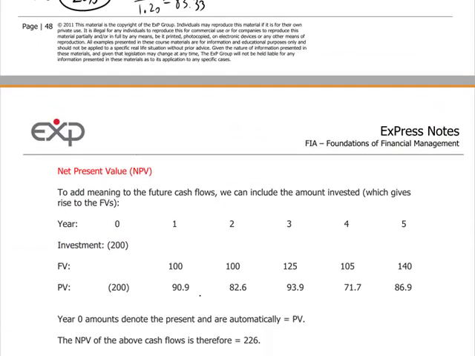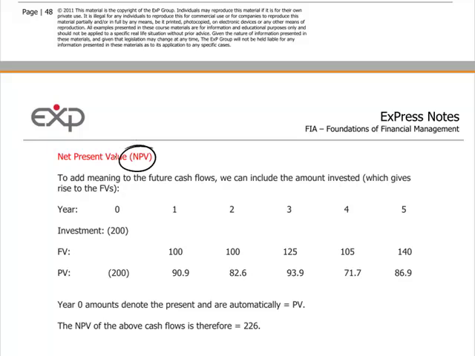Okay, and finally, let's just talk about the net present value idea. The reason why we have net present value is that when we do investment calculations, typically we're starting in year 0 with an investment amount. In this case, $200 being invested, which will open the door to the possibility of achieving a series of cash flows in the future.